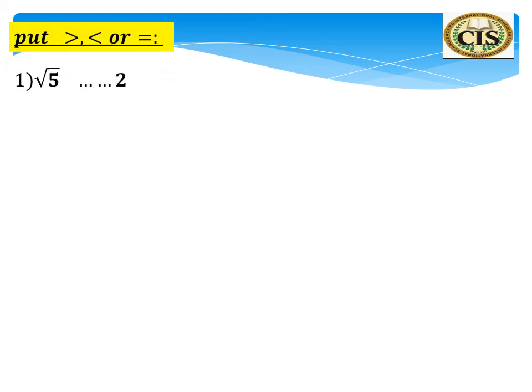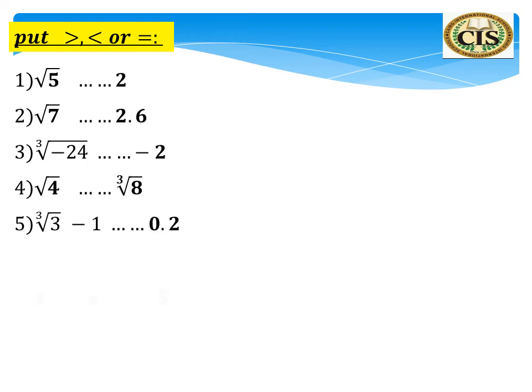Greater or smaller or equal. By using a calculator, root 5 equals 2 point something. It's greater. Root 7 equals 2.6, it's greater, and so on. By using a calculator, we can solve this.